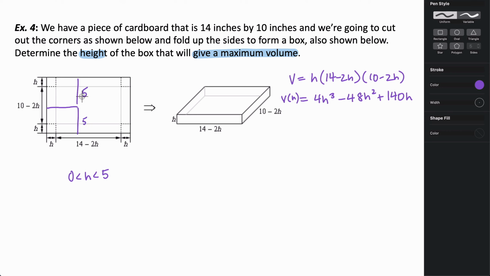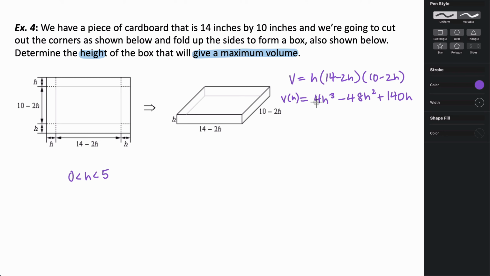So we can't actually have a height of 5, because then we wouldn't have a side to fold up. There would be nothing left here as far as the width. So 5 is the maximum, but it can't be 5, so it has to be between 0 and 5.